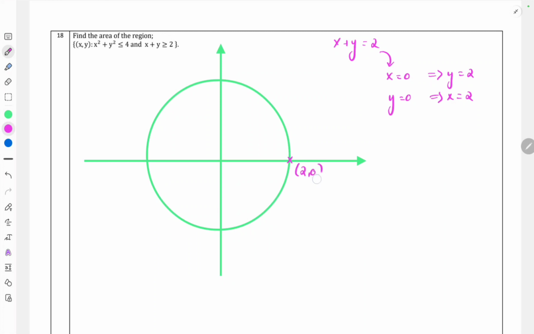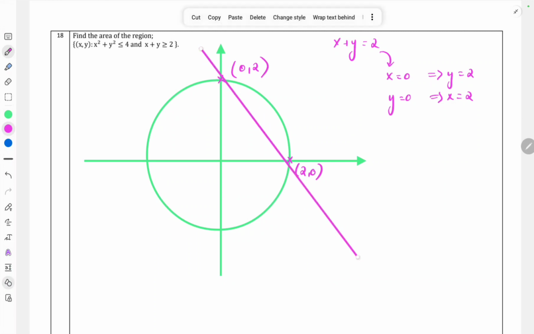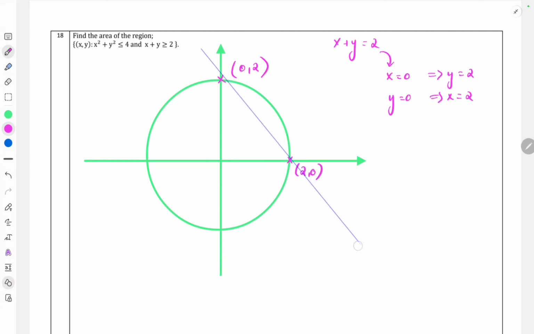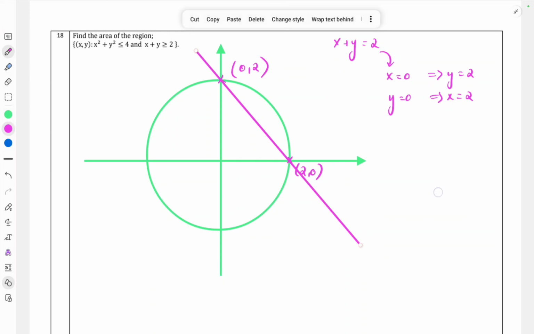So 2 comma 0 will be this, because this radius is 2. So this is 2 comma 0 and this will be 0 comma 2. So now we have to just join this. Here also we have to just join this. So this will be the graph we got, and we have the shading part to do.